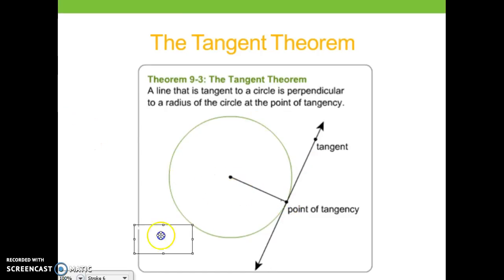And if we draw a radius from the center to that point of tangency, then we will automatically know that that radius is perpendicular to that tangent line. So again, if you have a tangent line of a circle, the radius drawn from the center to the point of tangency is going to be perpendicular to that tangent line. And the converse works as well.